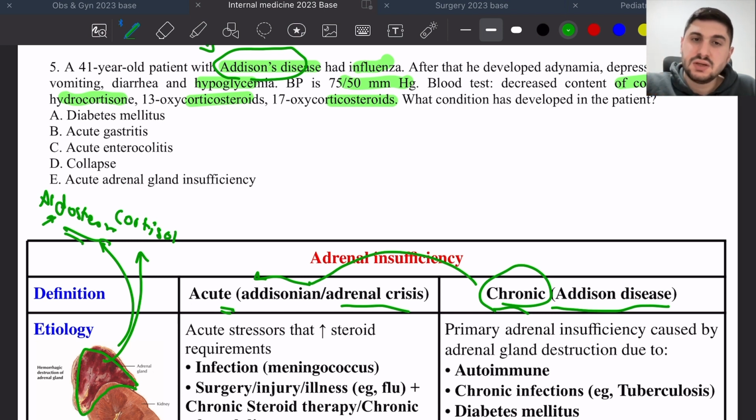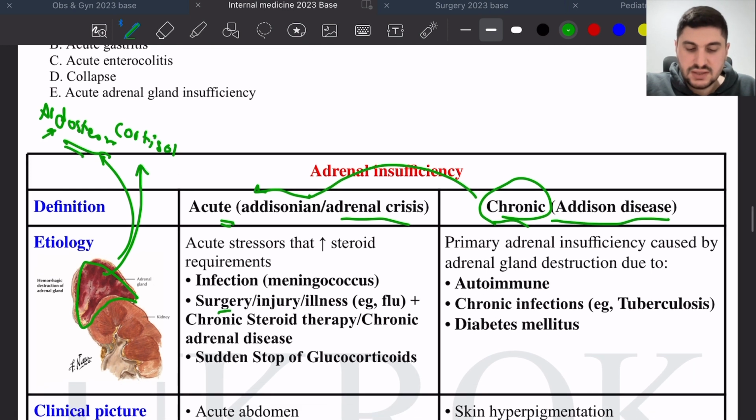Okay, this gland is already chronically inflamed, chronically has a problem, and if there is on top of this an acute stressor, such as surgery, injury, illness like flu or influenza, right? This is a stress on the body. Stress on the body needs more cortisol, right? This will turn the Addison's disease into acute failure of the gland, right?